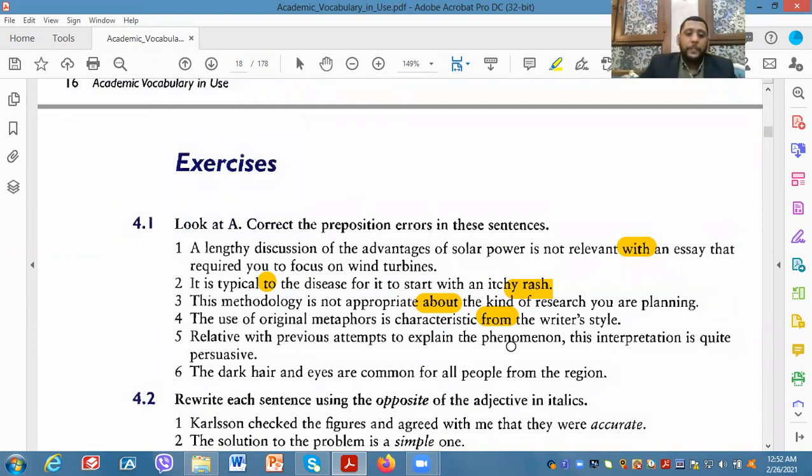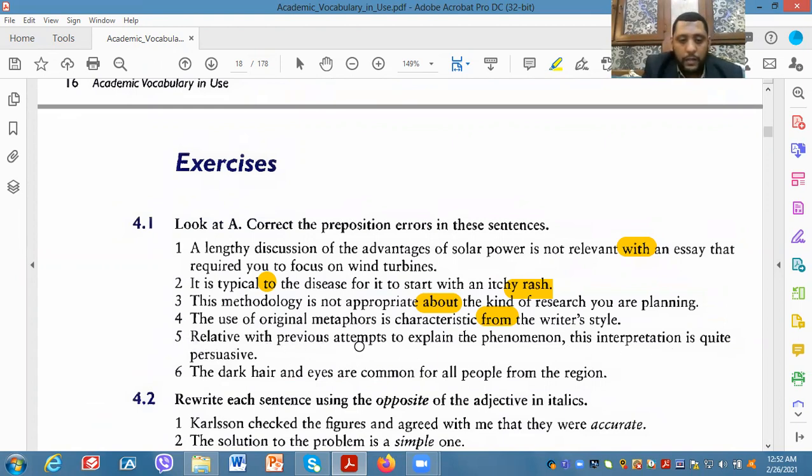Number 5. Relative with the previous attempts to explain the phenomenon, this interpretation is quite persuasive.